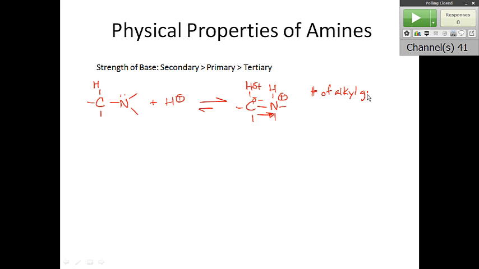But then there's also another factor. And that factor is that when we measure basicity, we measure the basicity in water.